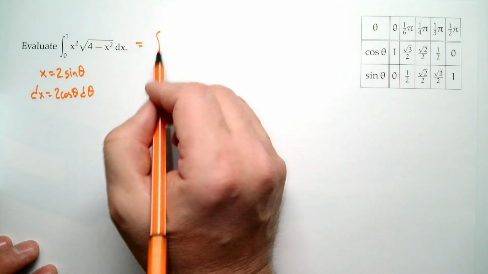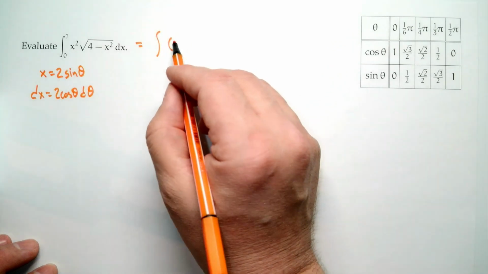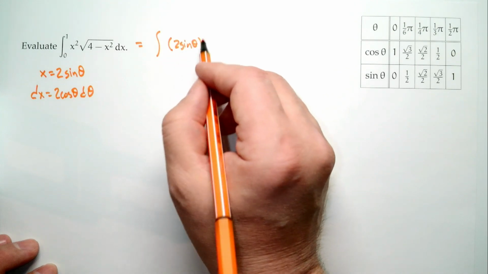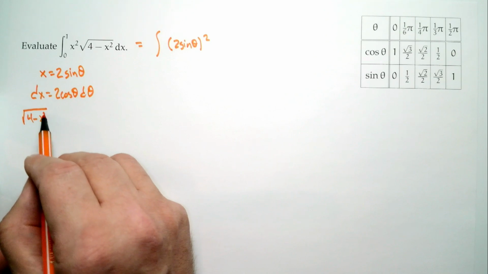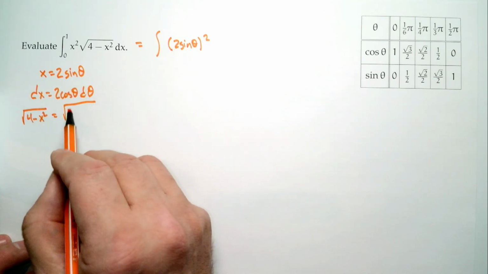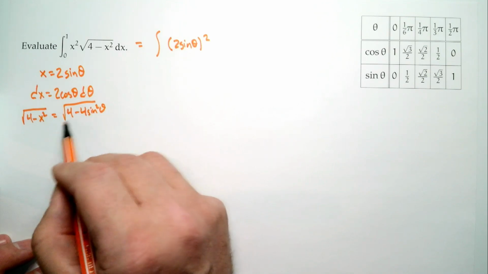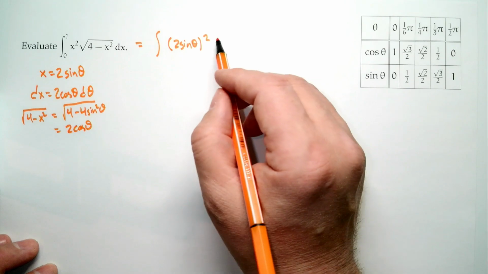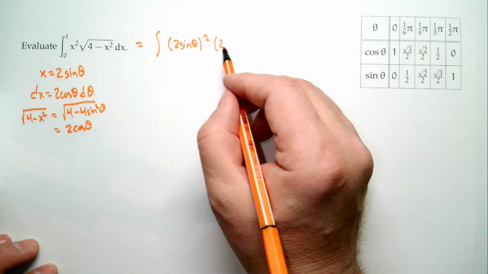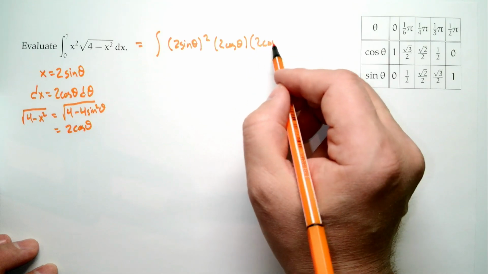X squared is 2 sine theta squared. The square root of 4 minus x squared, well, this has been set up to be nice. It's the square root of 4 minus 4 sine squared, which simplifies to 2 cosine theta. The dx is another 2 cosine theta.